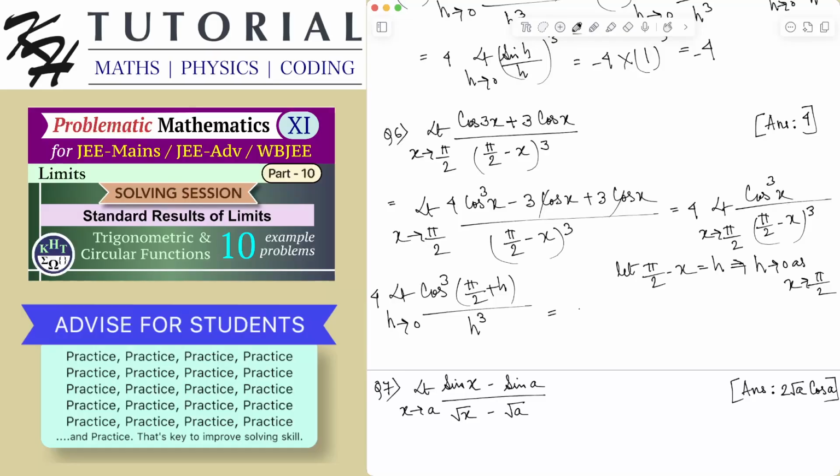So this is equal to 4 limit h tending to 0 sin cube h divided by h cube. This is equal to 4 limit h tending to 0 (sin h by h) whole cube. So clearly this is equal to 4 multiplied by 1 cube, which is equal to 4.